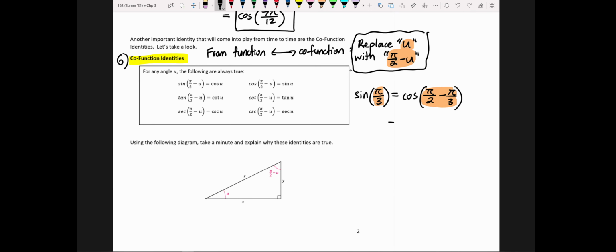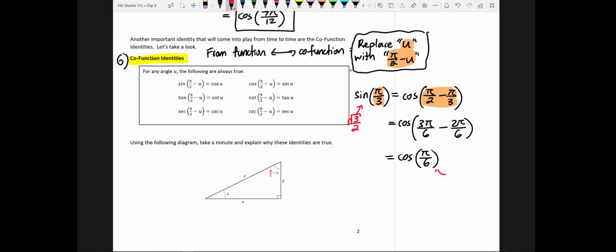So let's see what we have here. Pi over 2, let's write it over 6. That's 3 pi over 6. And then pi over 3, that's 2 pi over 6. Get a common denominator. And when we simplify this, we have cosine of pi over 6. So let's check. At pi over 3, 60 degrees, the y-coordinate is long leg, root 3 over 2.